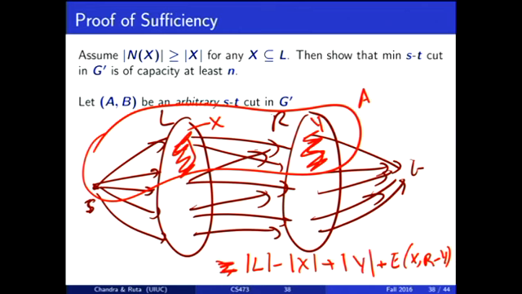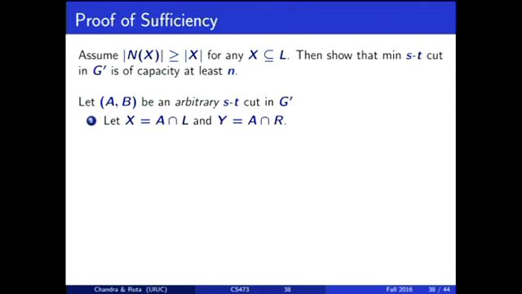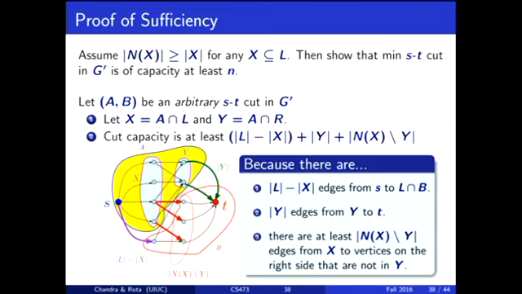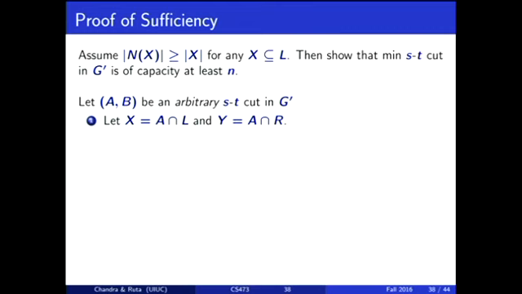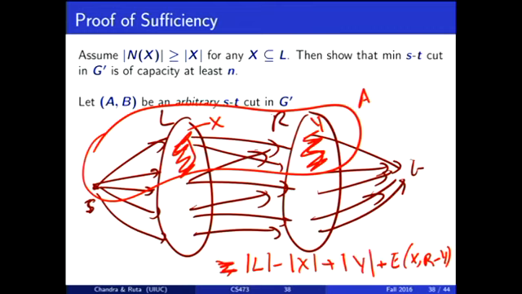Okay, so let me do it this way, like we did before. I don't know this, right? How many edges are there from this side to this side? Going back to my cartoon picture, look at this set X. From this condition, how many neighbors does this set X have?